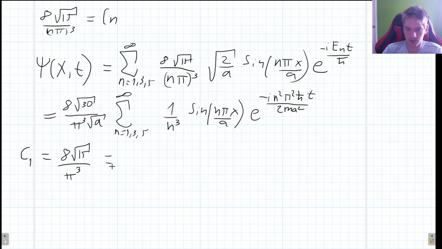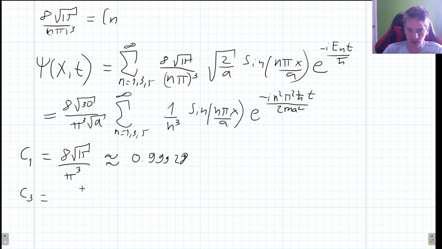So if I put it into the calculator, this is going to be approximately 0.99928 basically. So it's quite close to 1, and C2 is obviously going to be 0 because it's even.